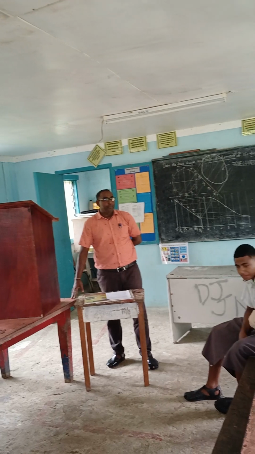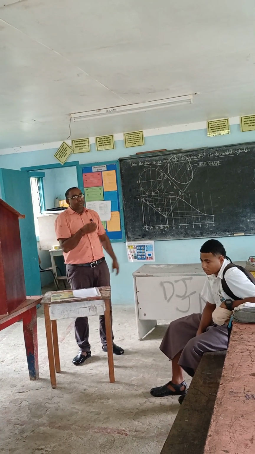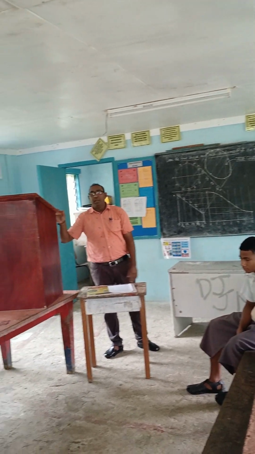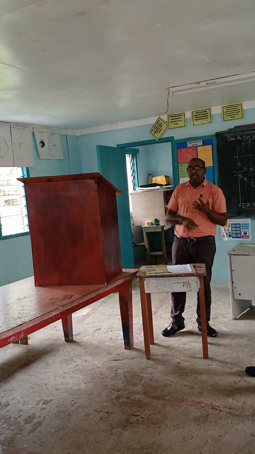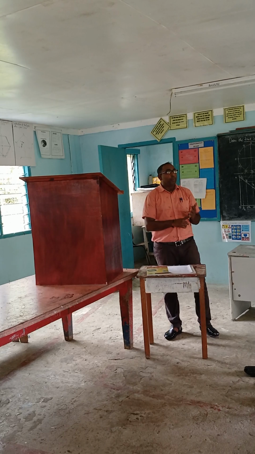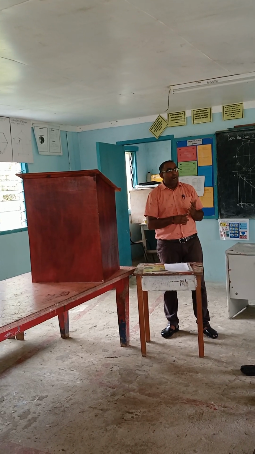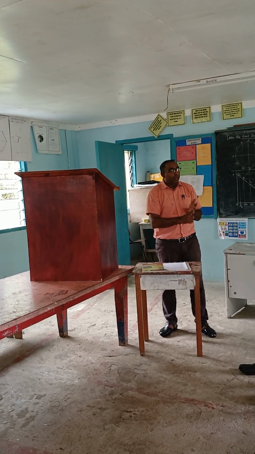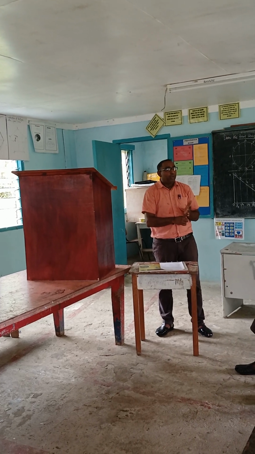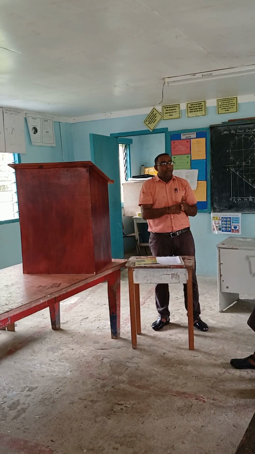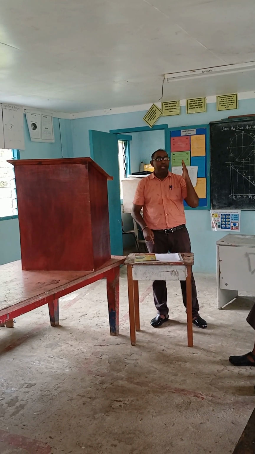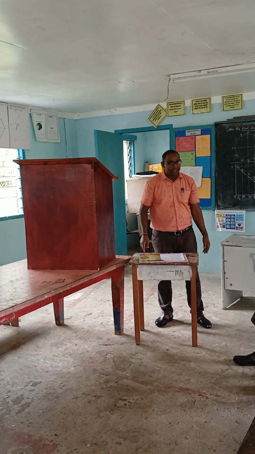On safety, while constructing the table, we need to always keep safety in mind. Firstly, when you are doing the preparation of timber, when you are working on the timber, when you are fixing the timber, when you are final assembling the timber, and lastly when you are applying the finishes.